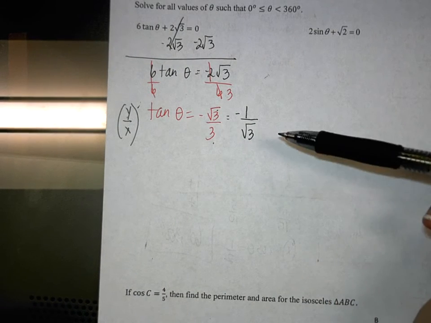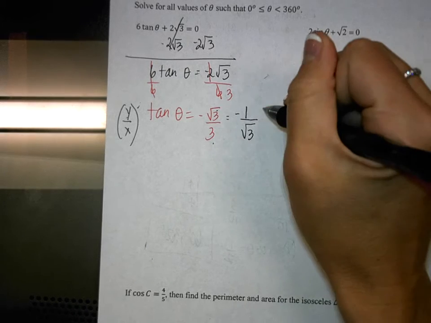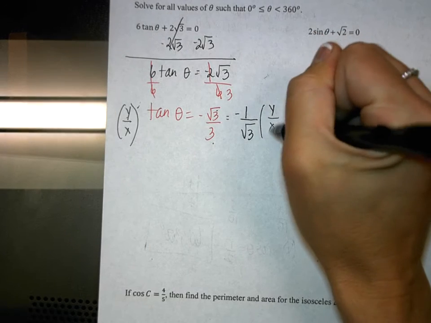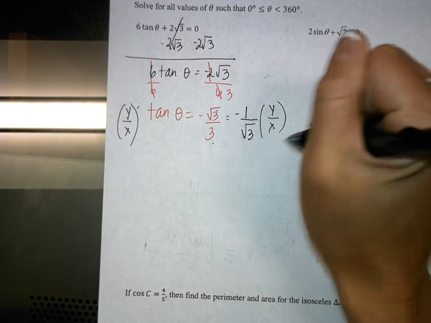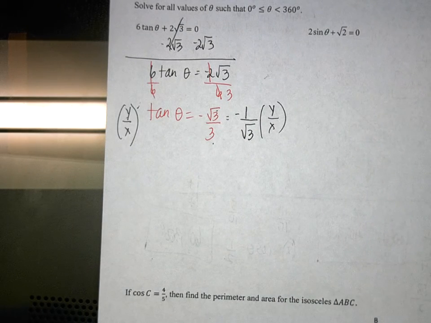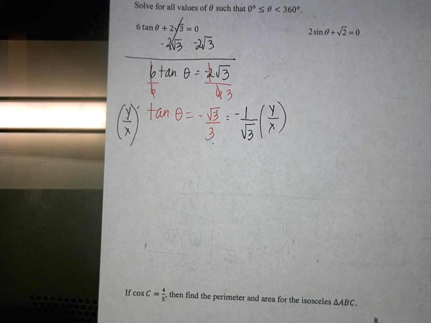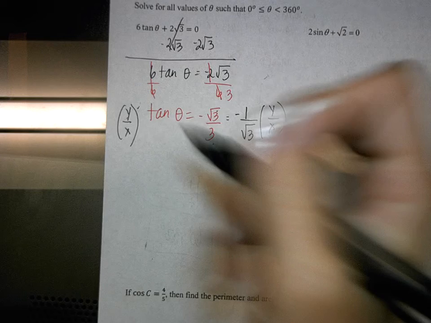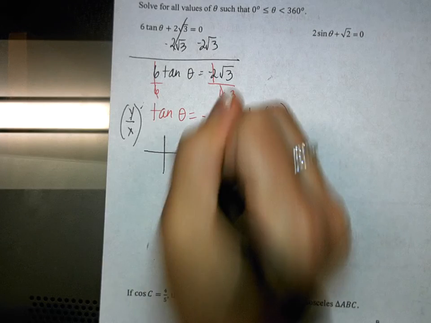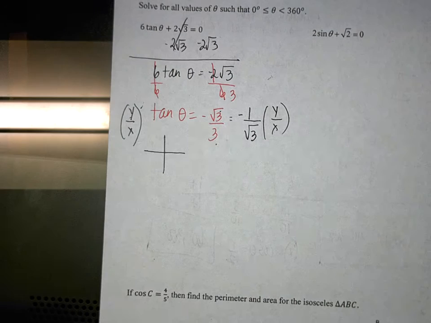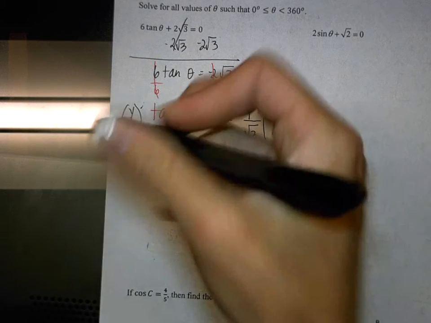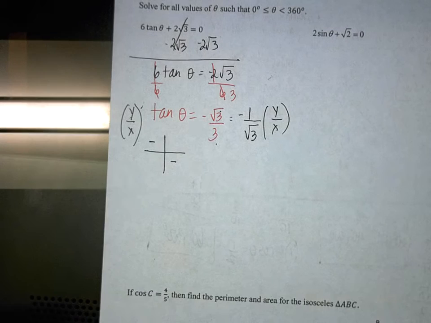Okay, so we are looking for y being 1 and x being root 3, and either one of them could be negative. Now, remember in our quadrant chart, where is tangent going to be negative? Which quadrants? 1 and 3. Close. 2 and 4 is where tangent is negative, because remember, you're dealing with y over x.